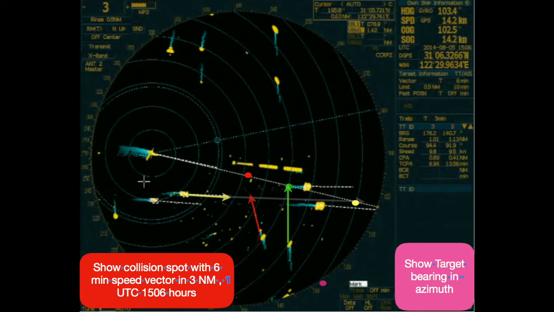That means the collision is very likely to happen, almost for sure. So this collision spot is marked with red.